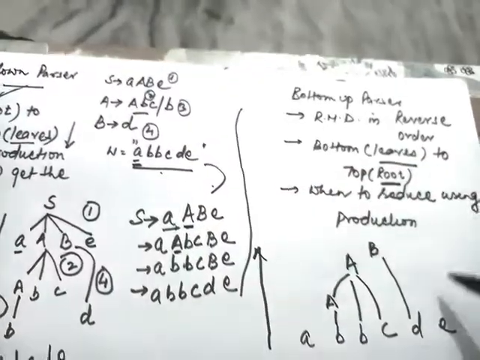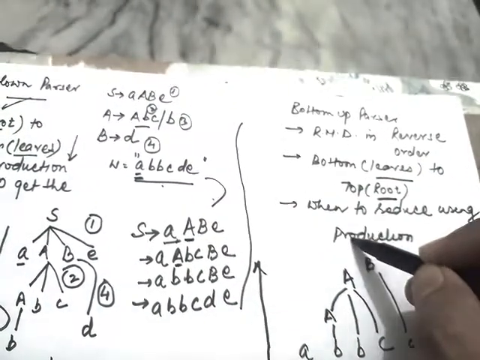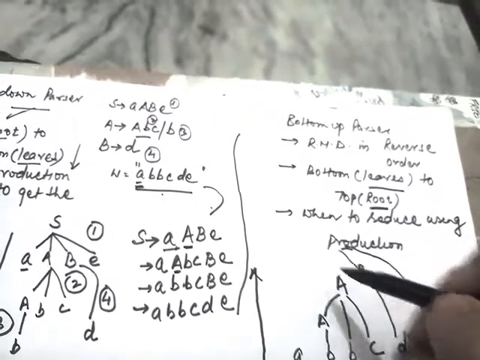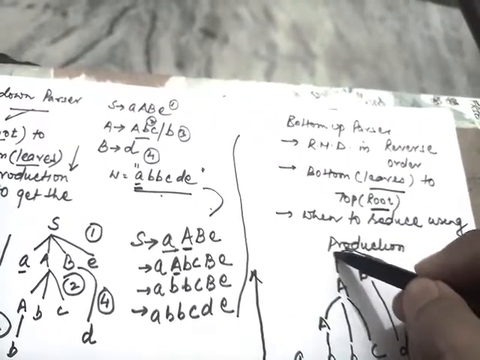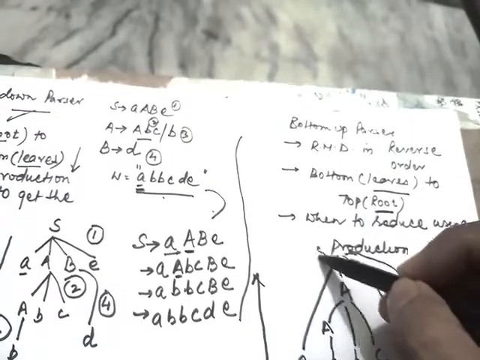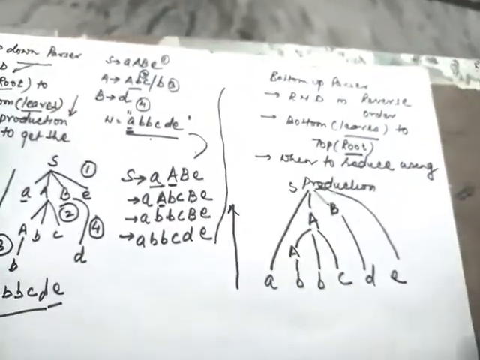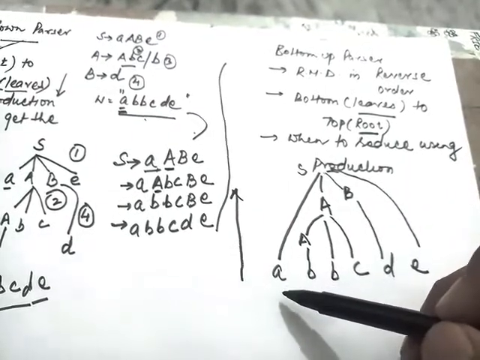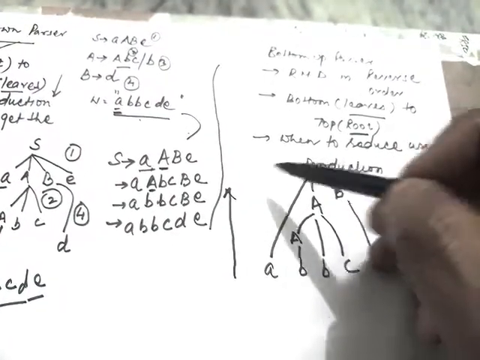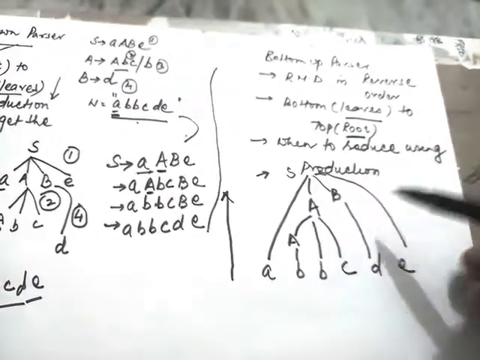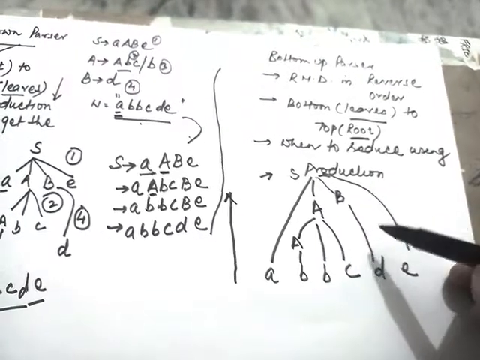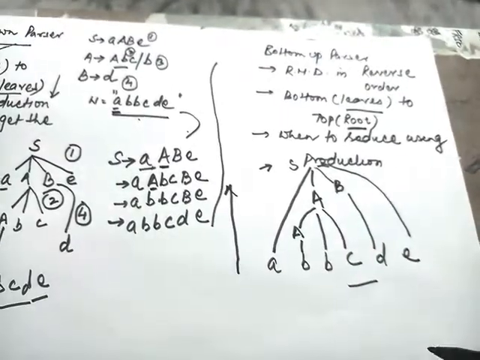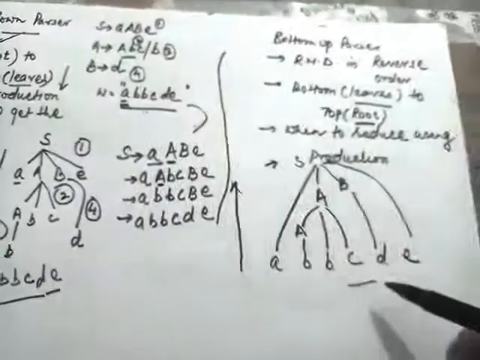Production number 4. And finally this A, this B, this A, and this E, and finally we got S. As you can see, we started from the leaves and moved upward to the root, so we can say that we got the string. So this is your bottom up parser.